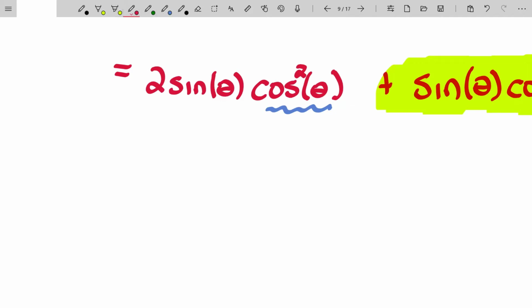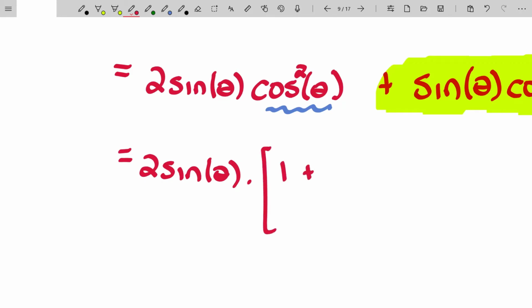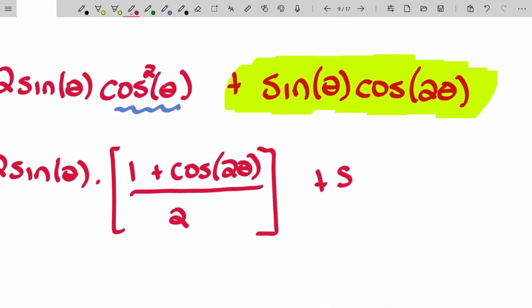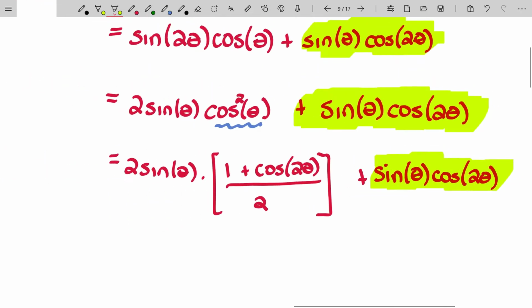So I'm going to rewrite this as times 1 plus the cosine of 2 theta over 2. And remember, we still have this plus sine of theta, cosine of 2 theta. And I'll highlight that because we're going to keep that locked.